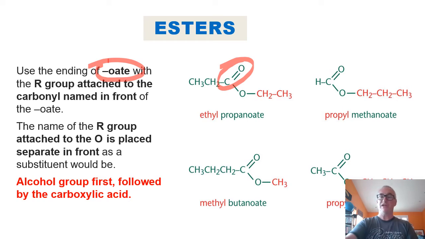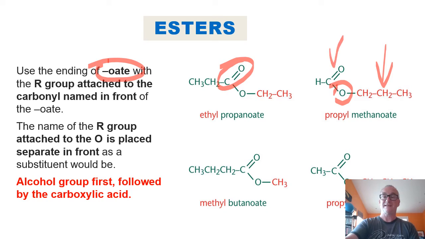The group that is just connected to the single oxygen, that is going to be the alcohol group. So this we call propyl, because it's got 1, 2, 3, propane. That is propyl, and then this is the acid, methanoate, because it's just a single carbon, methane.